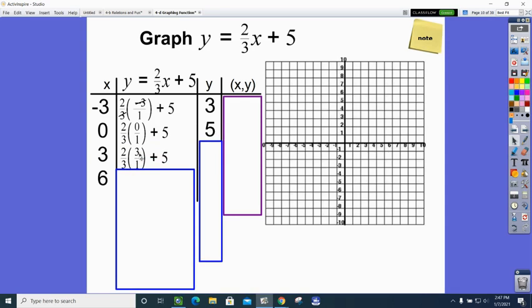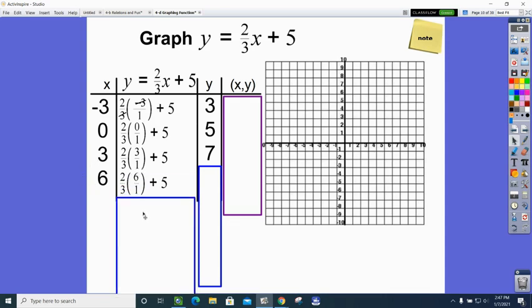Do you see 2 times 3? 6 divided by 3 times 1, 3. 6 divided by 3 is 2. Oh, I love that. 2 plus 5 is 7. Guys, look at the pattern. If your inputs are in a pattern, your outputs are in a pattern. You already know what this one's going to be? Since this is 3 more, right? Let's just check the math. 2 times 6 is 12, divided by 3 times 1. 12 divided by 3 is 4, plus 5 is 9.